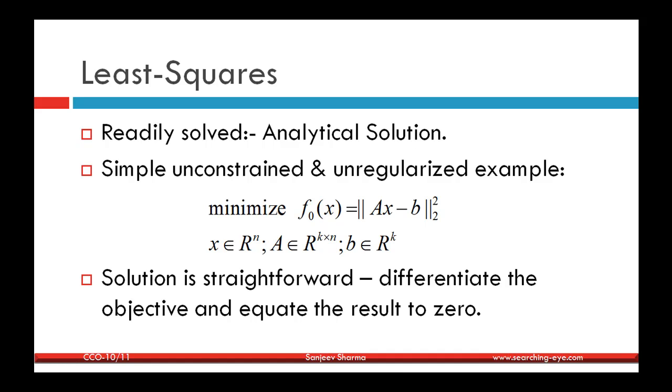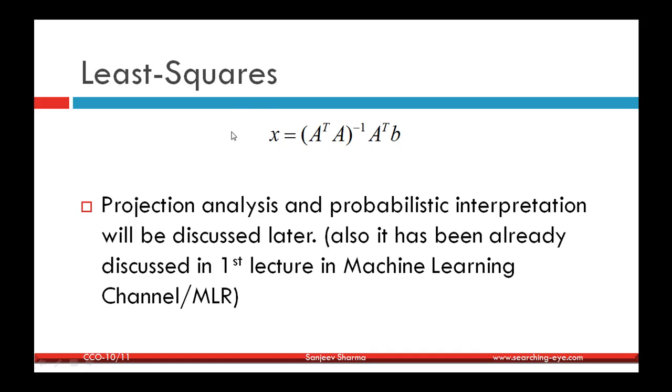The solution is pretty straightforward since the problem is convex and has a unique solution. The solution is found by differentiating the objective function and equating the result to 0. By doing so, we obtain an analytical solution for the optimization variable x, which is given by (A transpose A) inverse A transpose b.